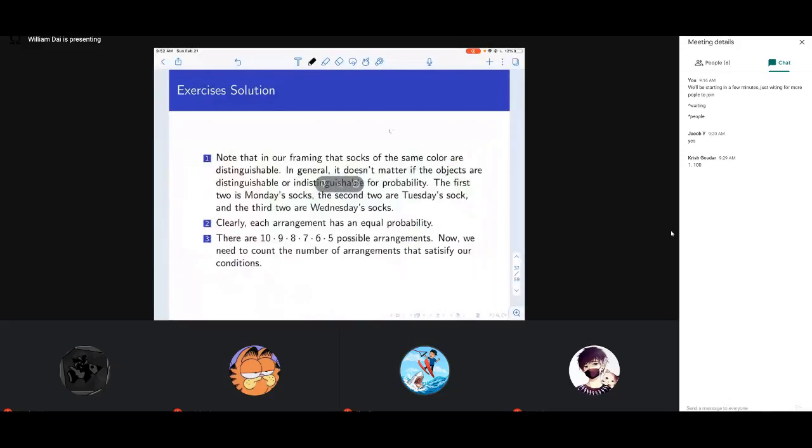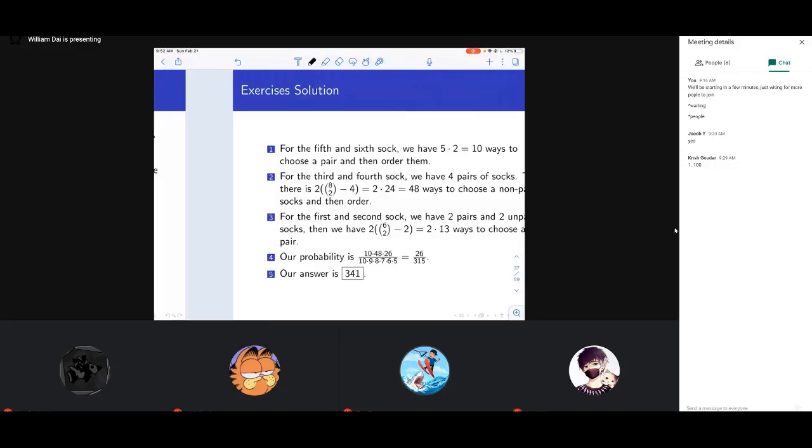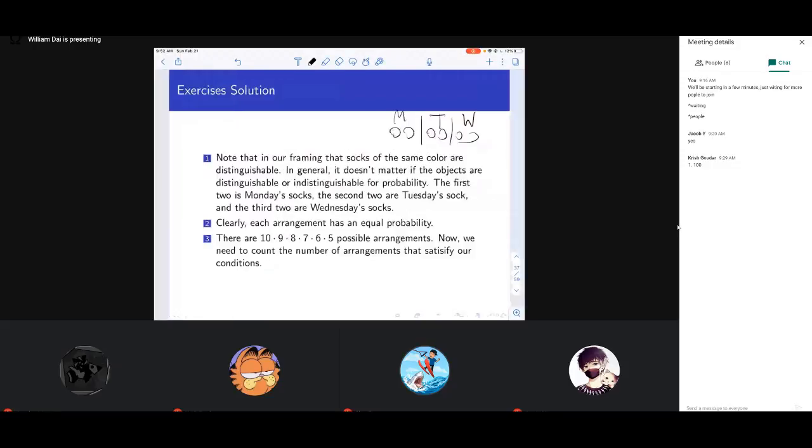And so the first 2 socks that we have here are Monday, the second 2 are Tuesday, and the last 2 are Wednesday. So for the fifth and sixth sock, okay, we're going to be working backwards here.